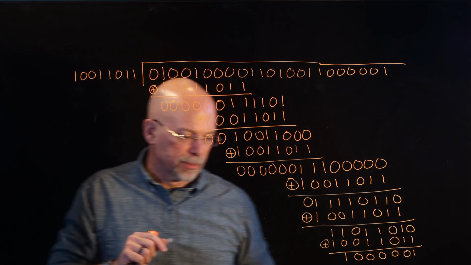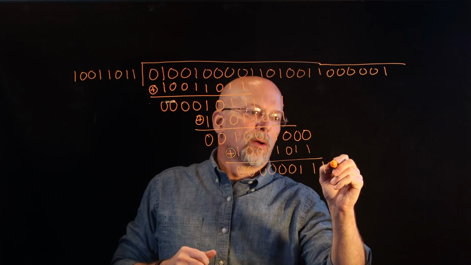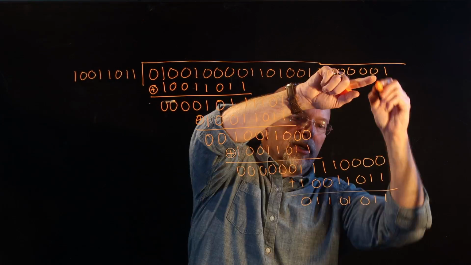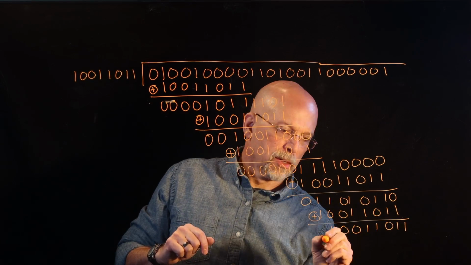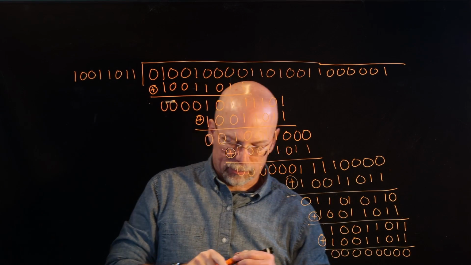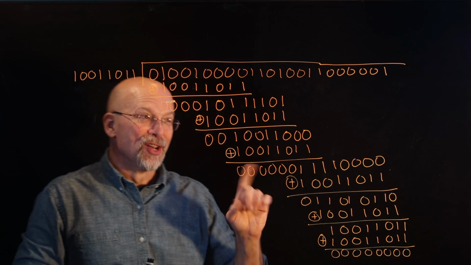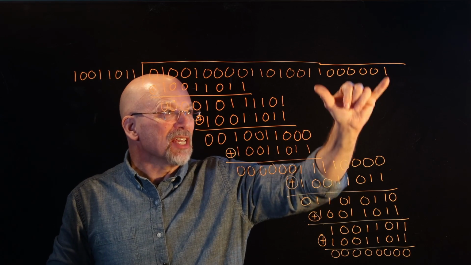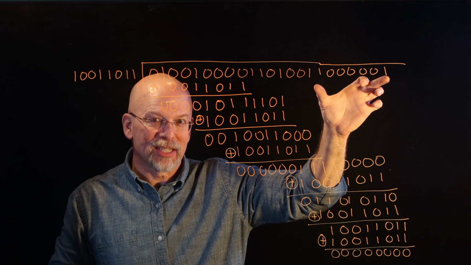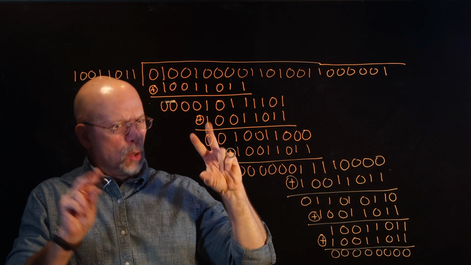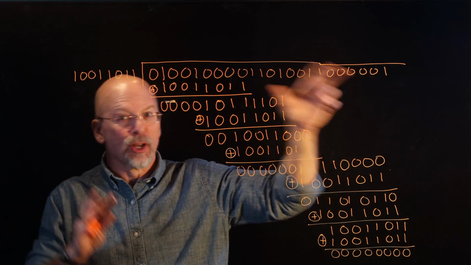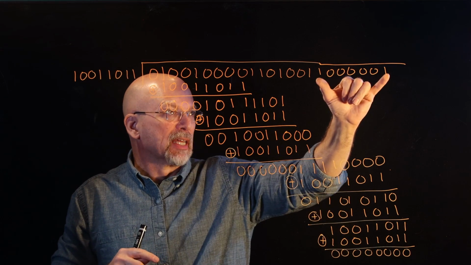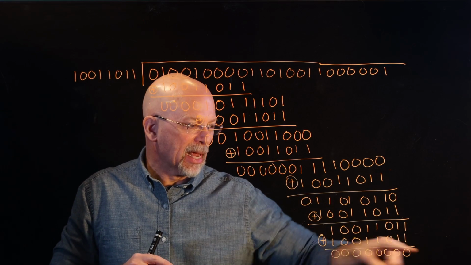Let's see if it works. And we've done it. Notice that by adding in or subtracting the modulo from the original division and putting it in those last 7 bits, I get a result of 0.